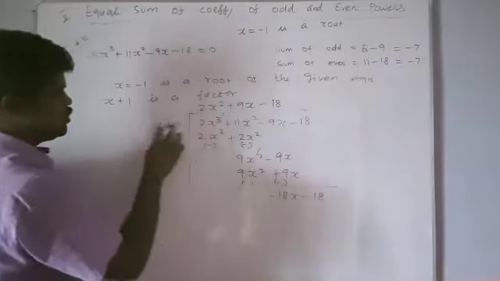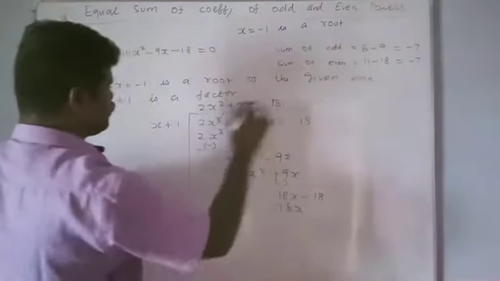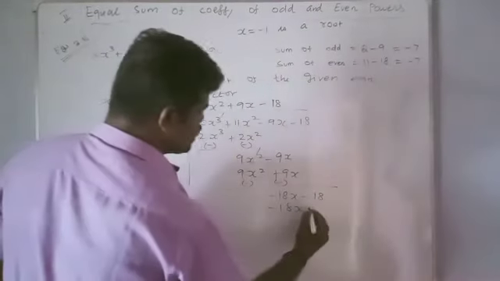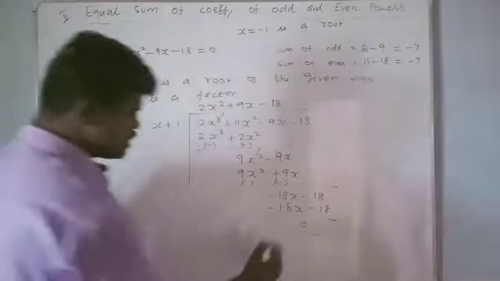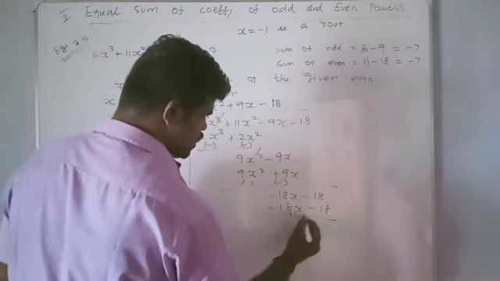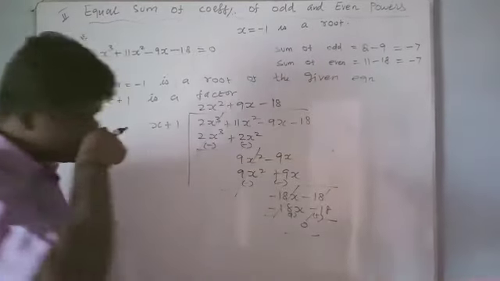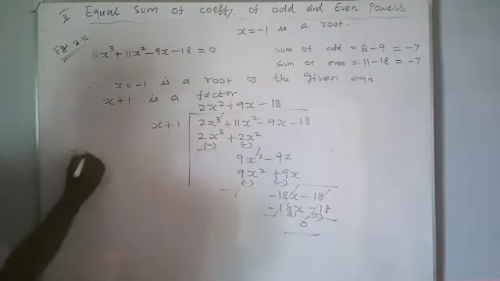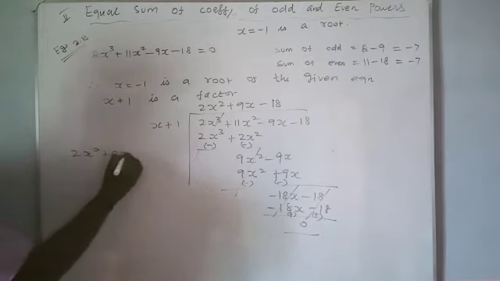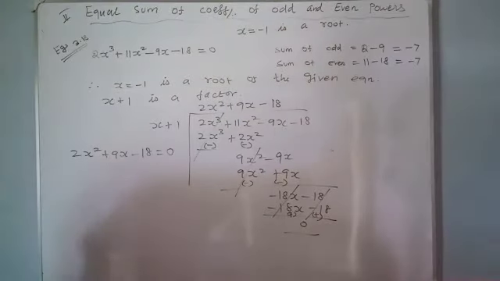Multiply minus 18 by this factor: minus 18x and minus 18. So the total value must be 0 because this term cancels by plus and this term cancels by plus. The factor is 2x square plus 9x minus 18 is equal to 0. This is another quadratic factor.